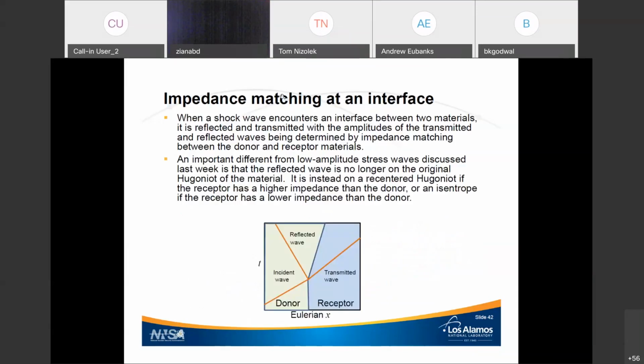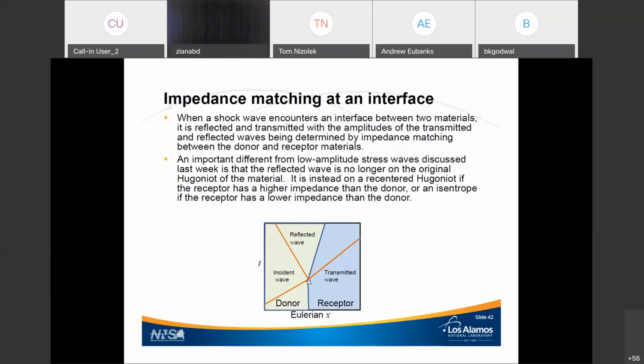At an interface, impedance matching still applies, but there is a complication. The complication is your initial state is no longer infinitesimally different from your second state, due to the incident wave. It is significantly different.